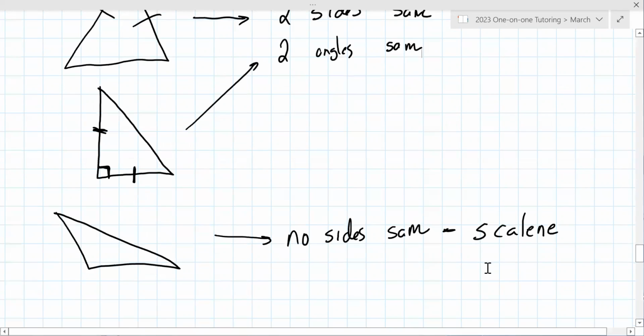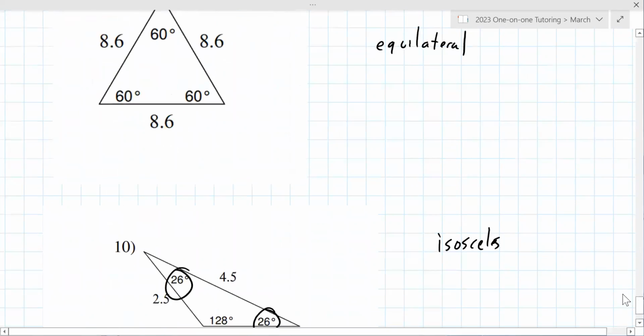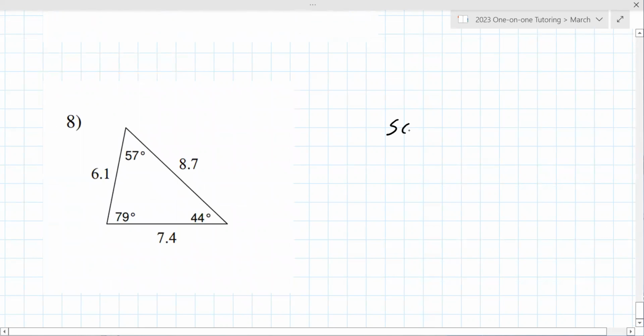All right. Now, a scalene triangle, we'll look at that now. I'm going to tell you this next one is scalene. This one is scalene. What do you notice about the side lengths? 6.1, 7.4, and 8.7. None of the sides are equal, nor the angles. Yeah.